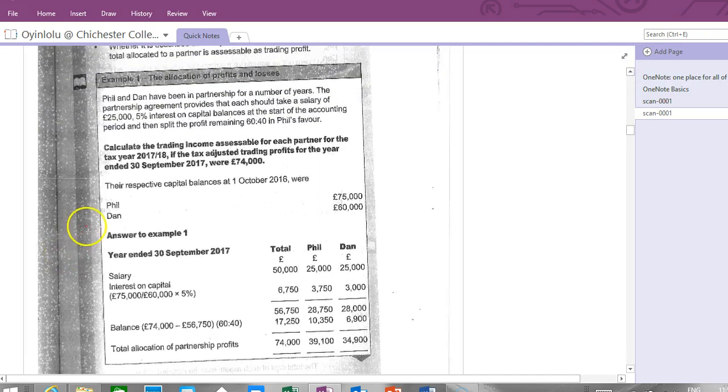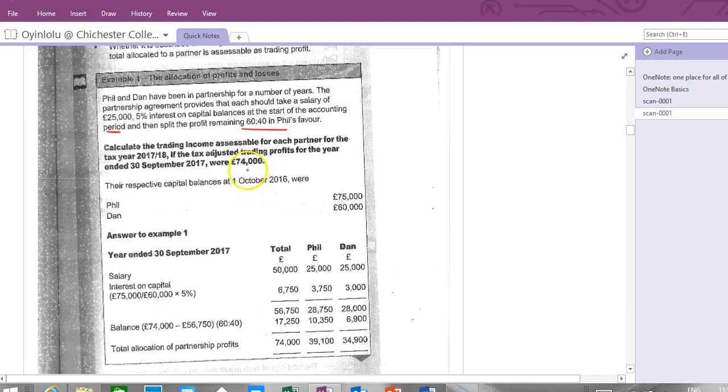So let's look at a simple scenario. Phil and Dan have been in partnership for a number of years. It provides that they take a salary of 25,000 each, 5% on capital balances at the start of the business, and split the rest 60-40.